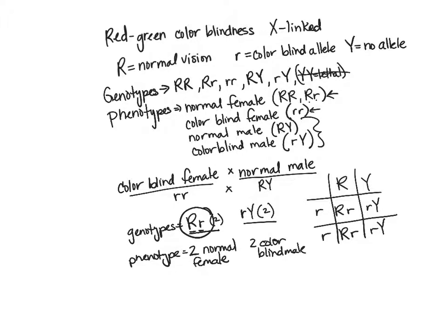So in this case, if there's a female that's colorblind, and they have a male child, then all male children will be colorblind. If they have a female child, then all females will not be colorblind if they're crossed with a normal male.